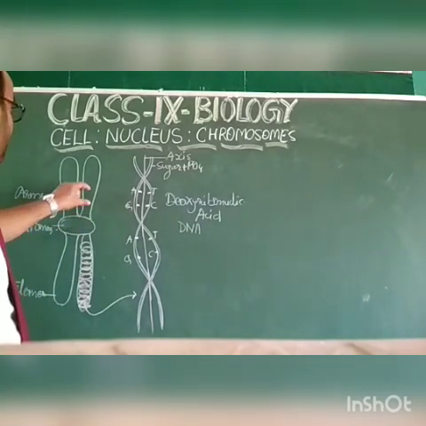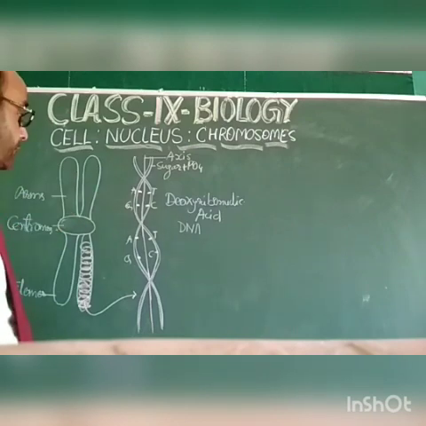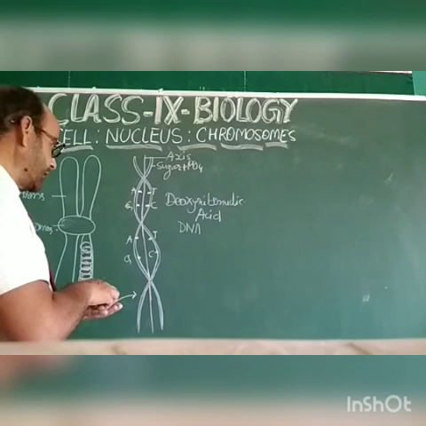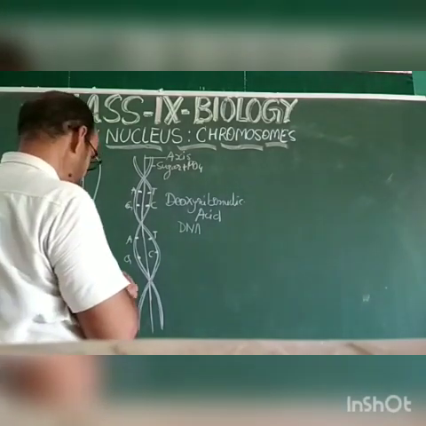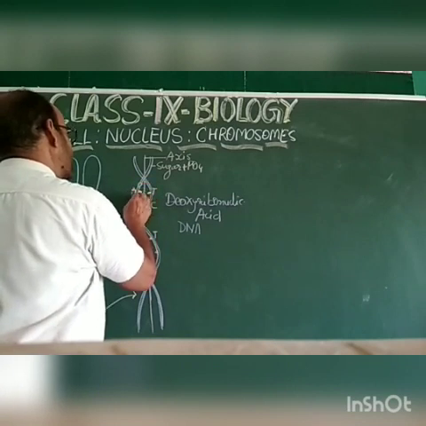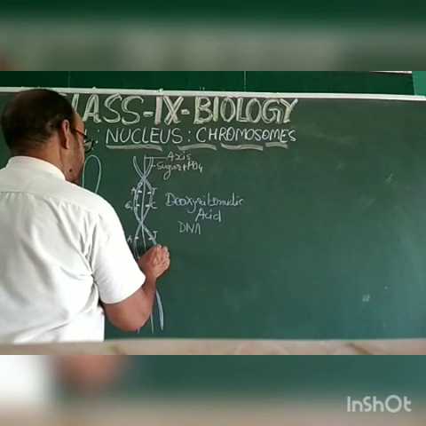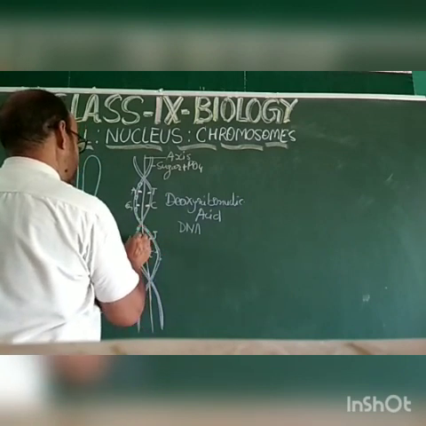This is the arrangement of the different characters in the chromosome, because this DNA has different genes on this strand in the form of proteins.